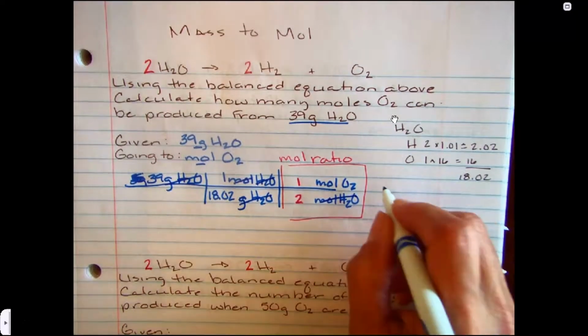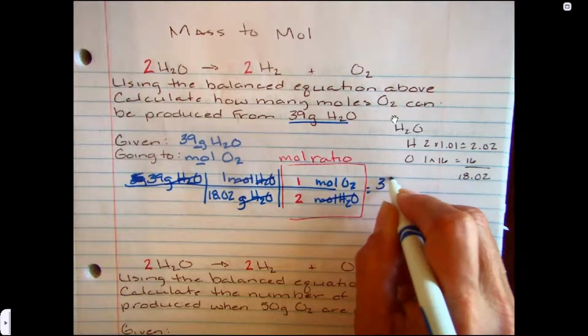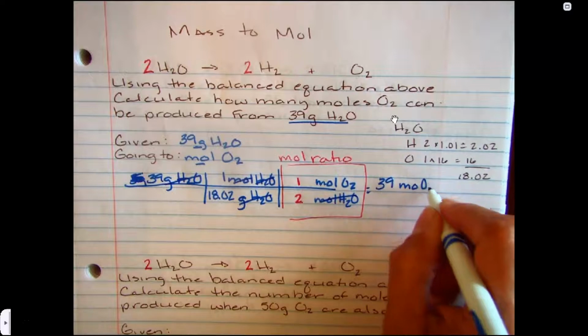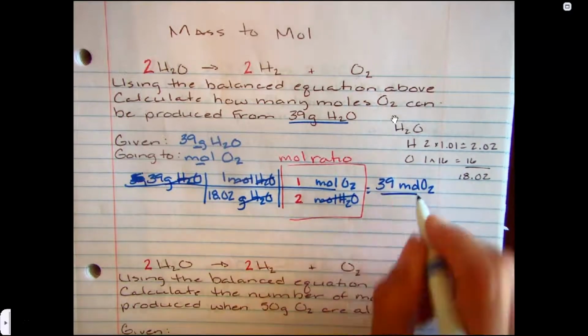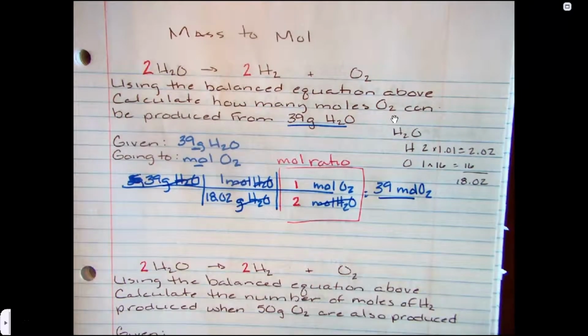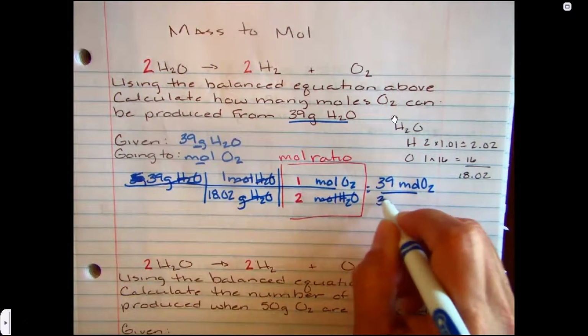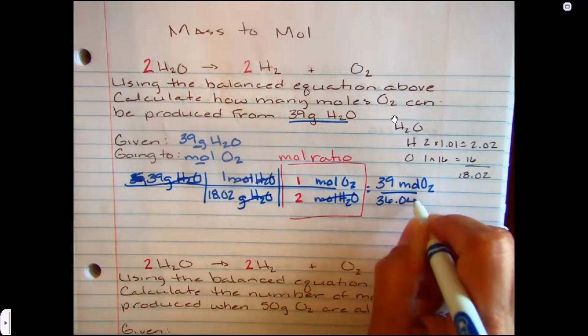So across the top we have 39 mole O2. And on the bottom, we're going to have 18.02 times 2. So 18.02 times 2 is 36.04.